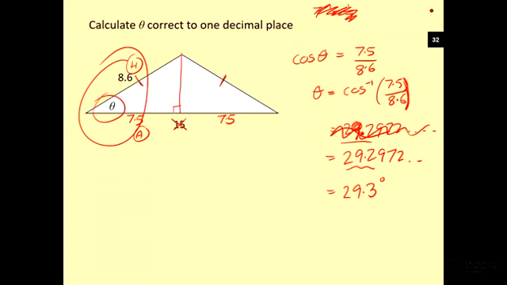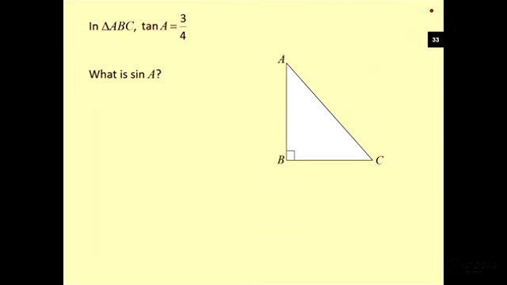All right, so that was one of the curly ones. I'm pretty sure the next one is a bit too, but it helps explain trig a little bit. There's probably quite a few ways to do it, but there's two main ways that I can see. In triangle ABC, tan A equals 3 on 4.